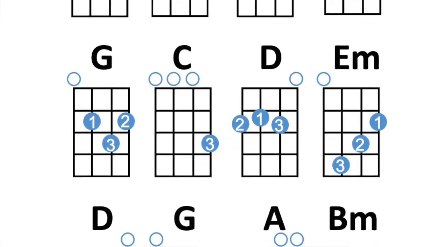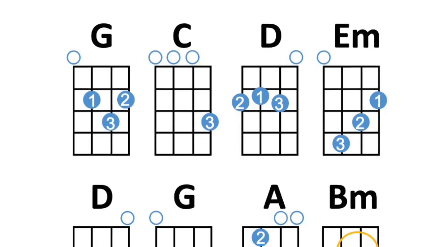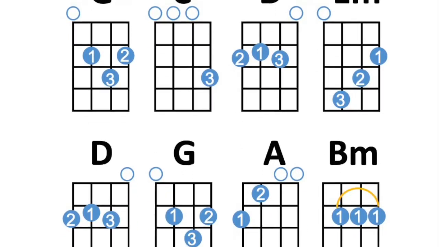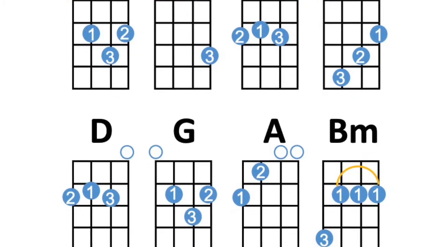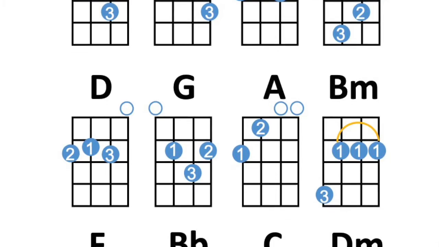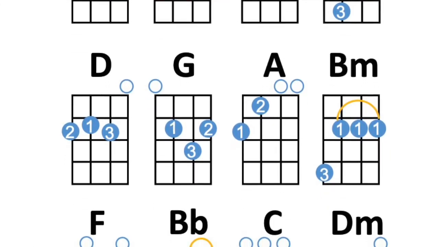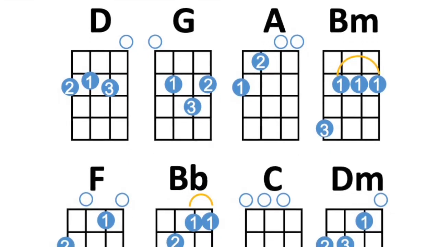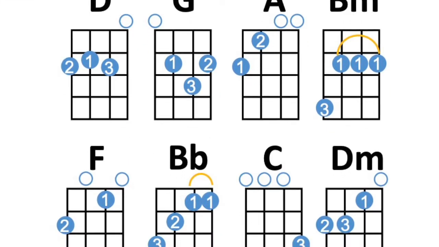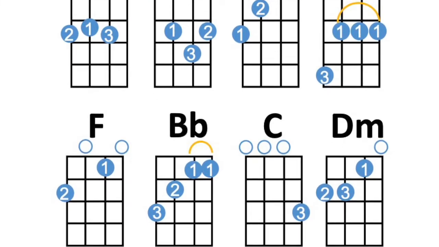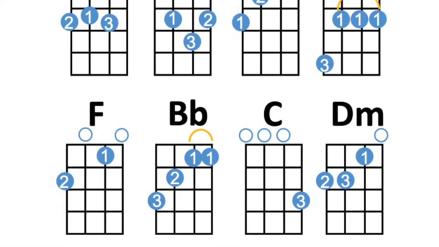There's 16 different chords in 4 different keys. So you won't really be going through all 16 chords in one song. Most songs use 3 or so, but 3 or 4. But each chord family is represented here, well, the most common chord families on the ukulele.